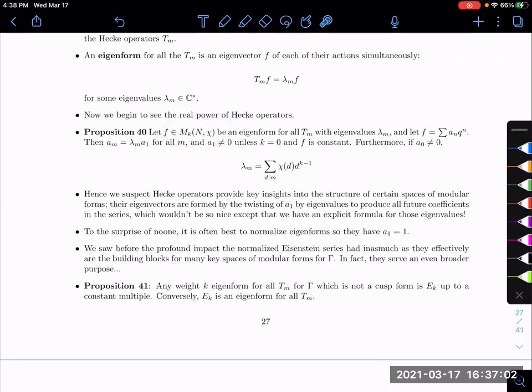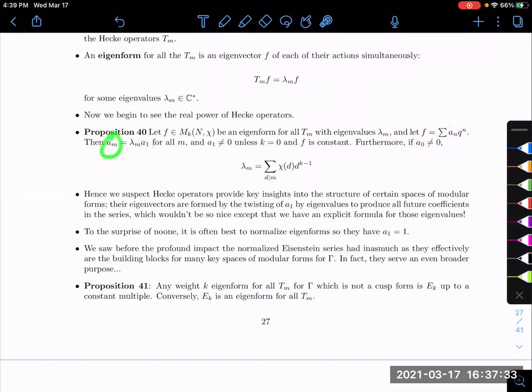How? It's like they're the operators such that, not when you apply Hecke operators to them, but when you consider them as eigenforms for the Hecke operators, you produce these very special functions, little f, whose coefficients really only depend on the first coefficient, a sub 1.